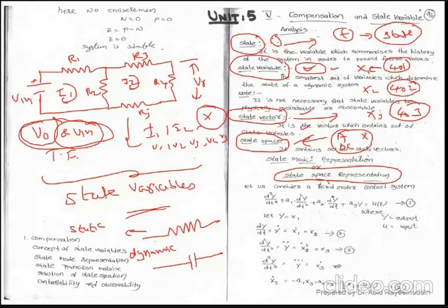Dynamic variable. Static variable, dynamic variable: dynamic means that with respect to time, the magnitude of this variable will change.